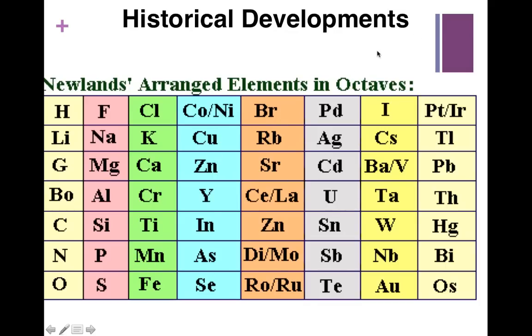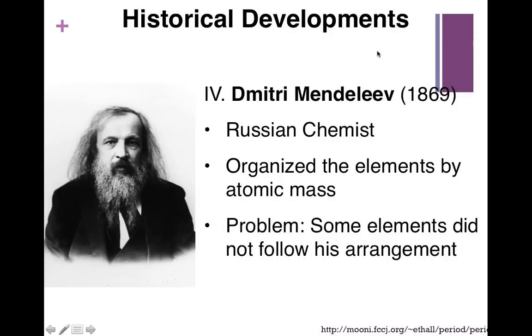So that was Newlands. The next guy, almost at the same time, was Dmitry Mendeleev, a Russian chemist, and he's the first person to really catch on to the idea of the periodic table. He organized the elements by atomic mass, but more importantly, he was in the lab all the time, and so he knew all the elements' different properties.